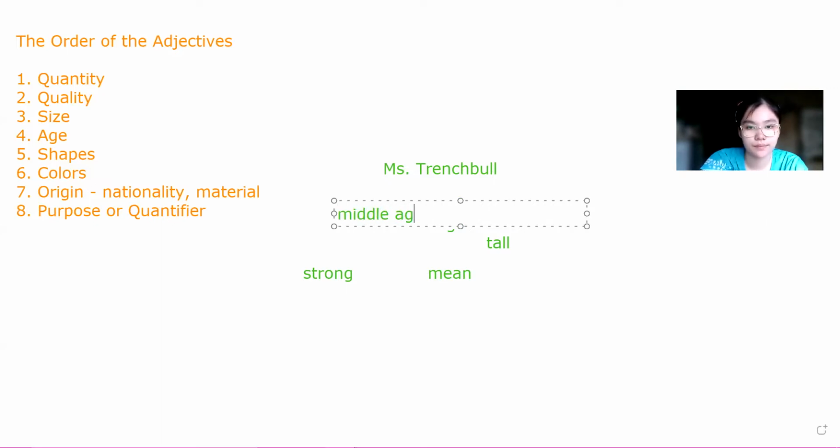Yes, middle-aged. Okay, now we have 5 adjectives that we can use to describe Miss Trunchbull.